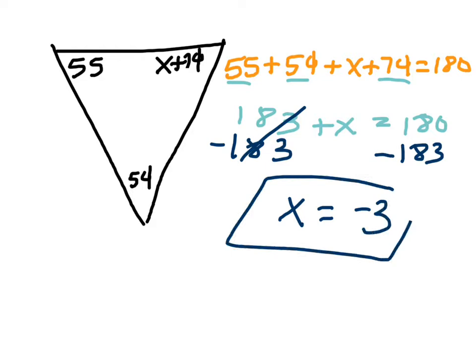And you might be thinking, well, it can't equal a negative number, we're dealing with measurement. Well, it's okay, because if we take the -3 and plug it back in, -3 plus 74 gives us 71. Our angle at the end of the day is positive. So sometimes it's okay to have a negative x. The directions just say to find x. So we found x.